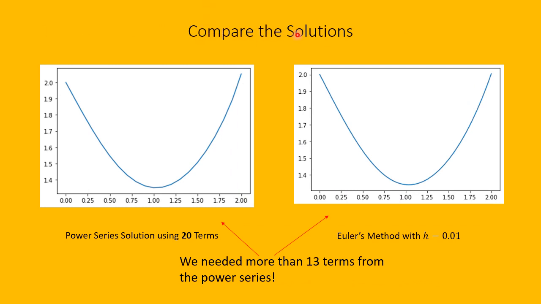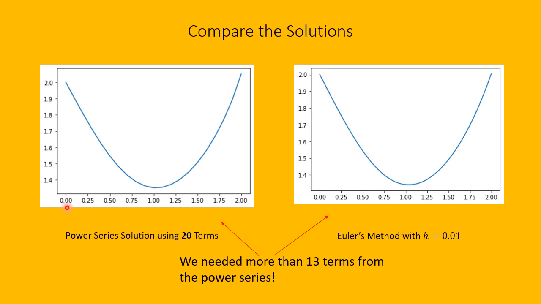Just in case you don't have a photographic memory, let's look at the two curves next to each other. This one over here is the power series solution using 20 terms, and over here is the graph of what we got using Euler's method with an increment of 0.01.